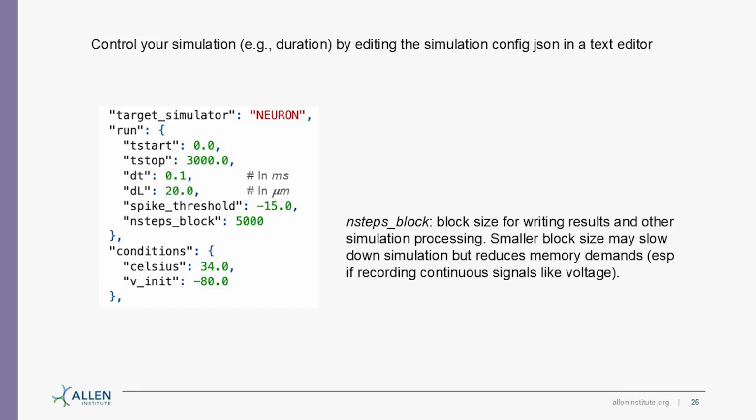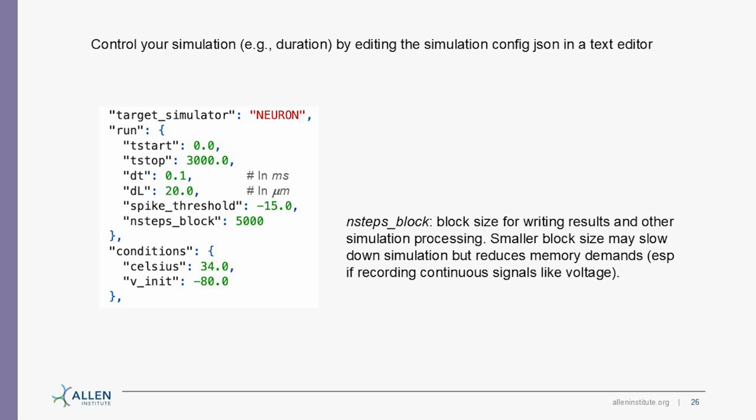So in another portion of this configuration file, this is all inside the iclamp JSON file, you have the target simulator. This would be NEURON now because we're using BioNet. It will change to another when you're doing another type of simulation.